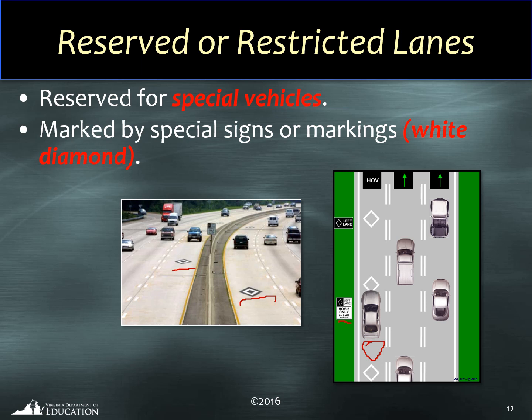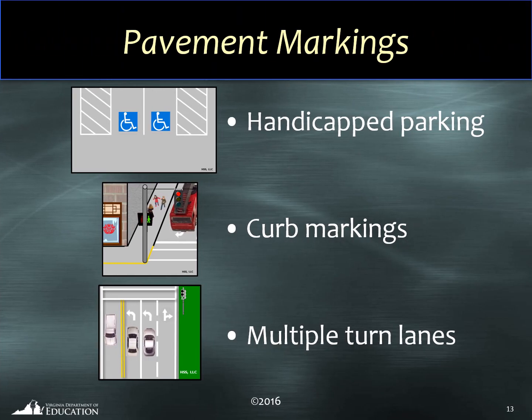But from 5:30 in the morning until 9 a.m. And then HOV lanes going out of the city can be available from 4:30 to 6:30. So it'll tell you on the specific sign what your time frame is. And if it does not specify a time frame, that means that lane is strictly for HOV, again, high occupancy vehicles.